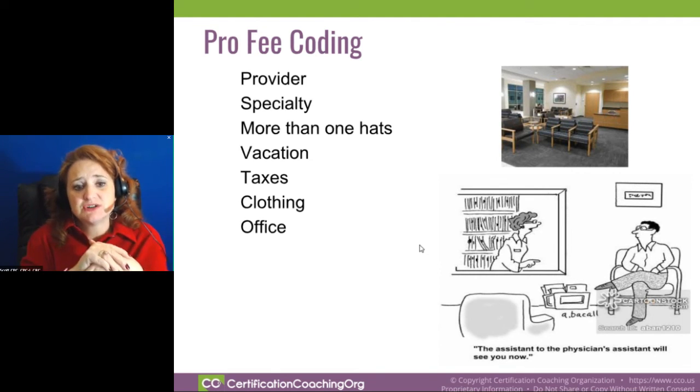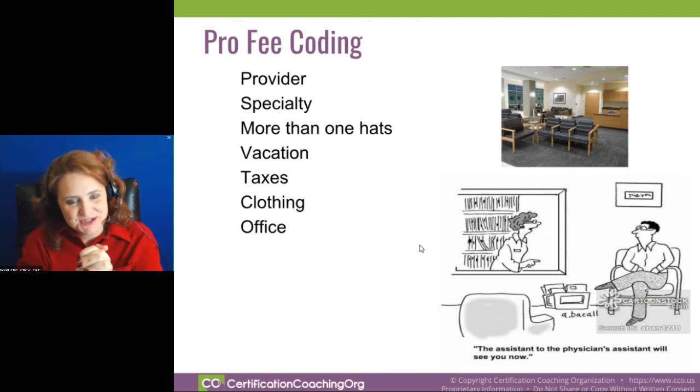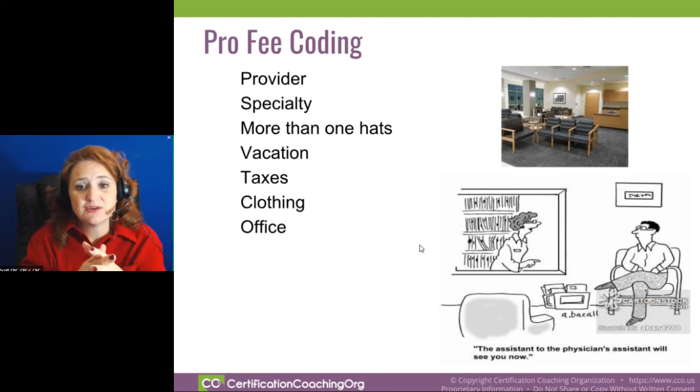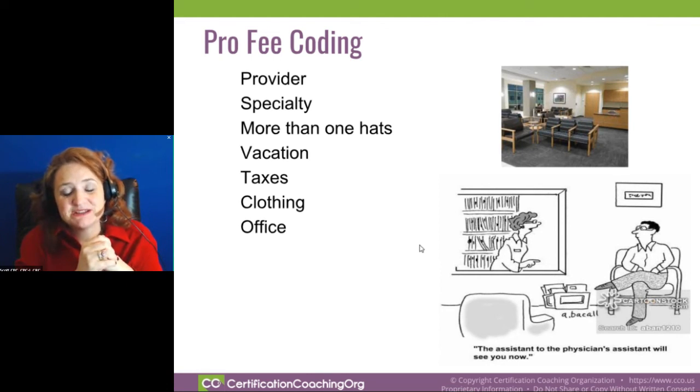If you work in a doctor's office, you're probably going to have more than one hat. You may be the coder, but you're probably the biller too. Or if there is a biller and a coder, you work together. But if they get busy and they need help at the front desk, guess who they're going to have go up and work on the front desk? If they need somebody to make some copies, guess who they're going to ask to make those copies?